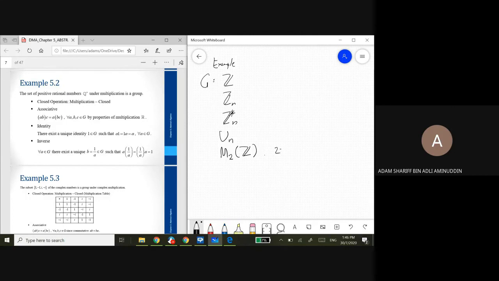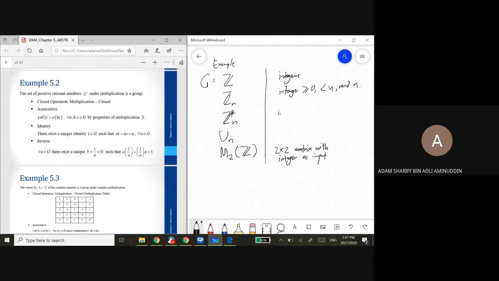This is a 2 by 2 matrix with integers as the entries. You can write it back later. Integers greater than 0 but less than n, modulo n.